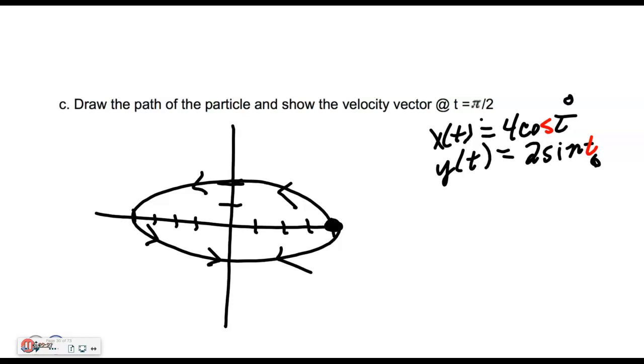All right, and it says draw the path of the particle to show the velocity vector. So it's coming around, and I told you it's whipping off like that. 4 left and 0 up or down. What was the acceleration though? You remember? It was 0. So nothing pulling on the x, but what's pulling on the y velocity?